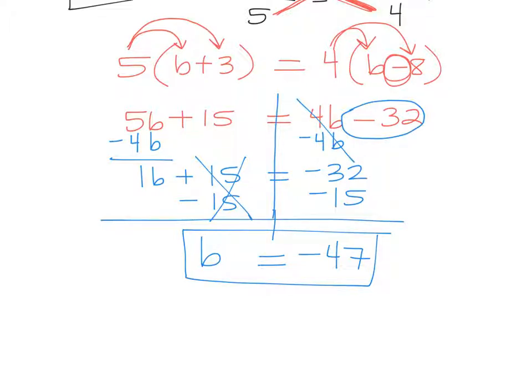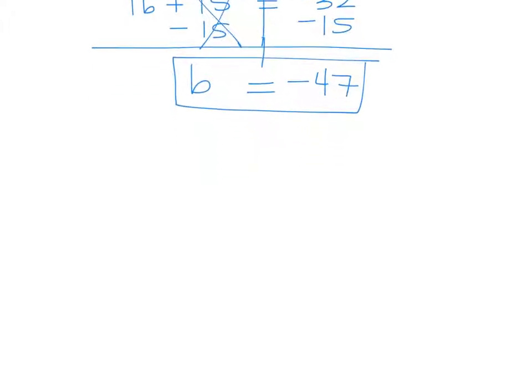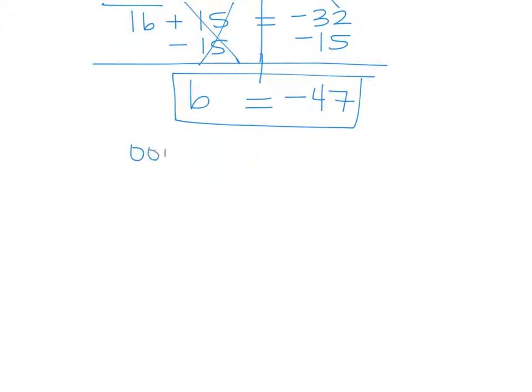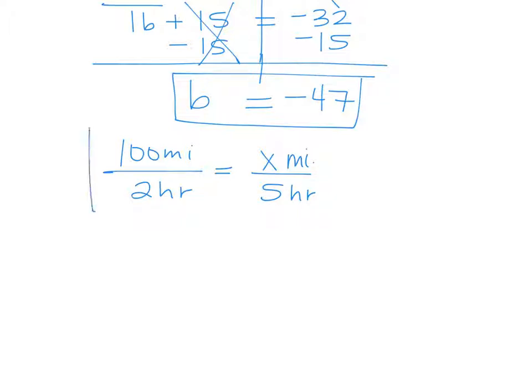So here's what you're gonna do. If I did 100 miles in 2 hours, and I wanted to know how many miles that was in 5 hours, you would put your hours on bottom and some number of miles on top, and you would cross multiply that, okay? So this is correct in your setup.